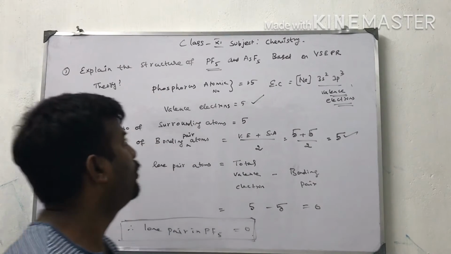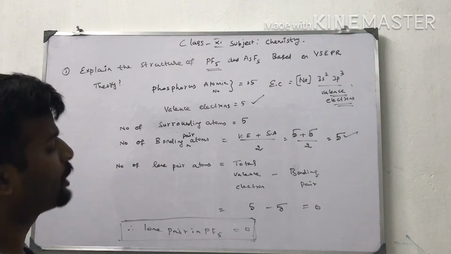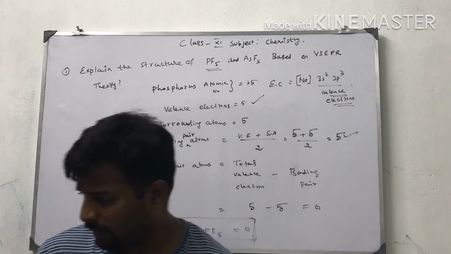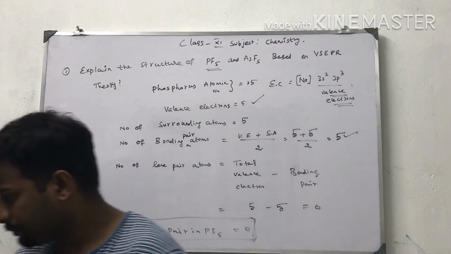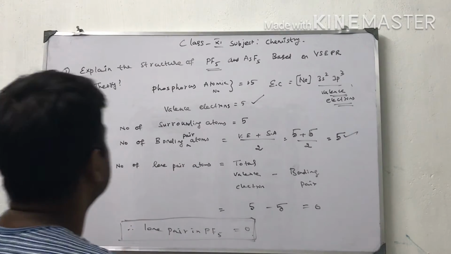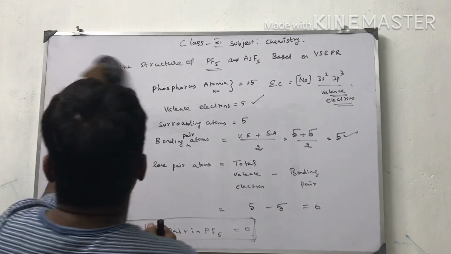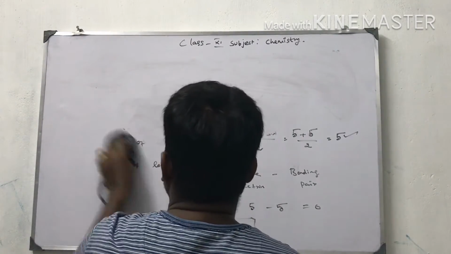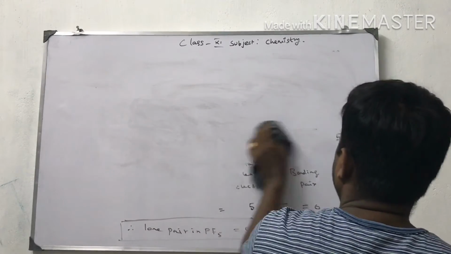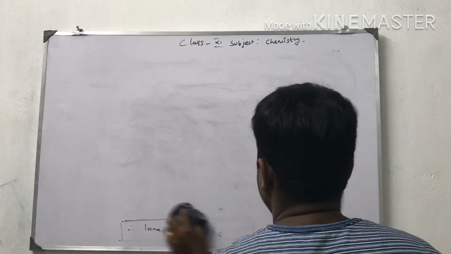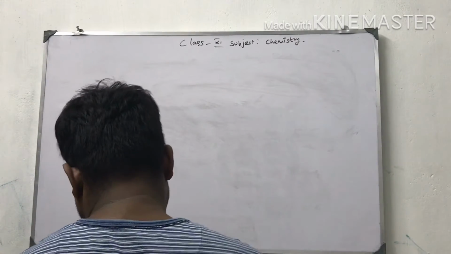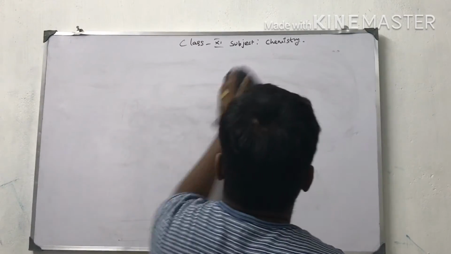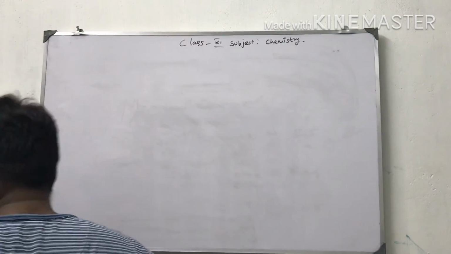the PF5. Now I am going to explain the structure of PF5, or phosphorus pentafluoride, with the help of the diagram.